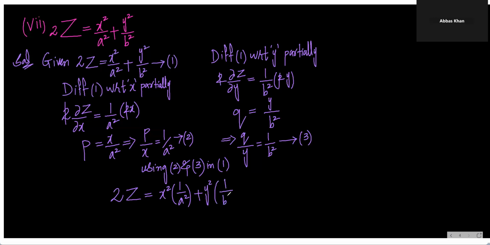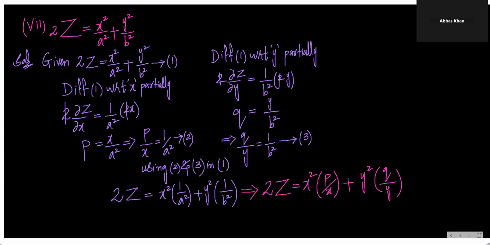This implies, last final step, 2z is equal to x square into 1 by a square, whose value is p by x, plus y square into 1 by b square, whose value is q by y.